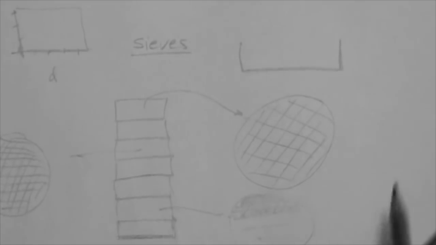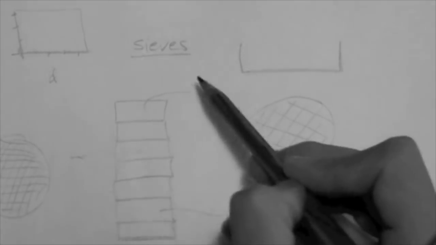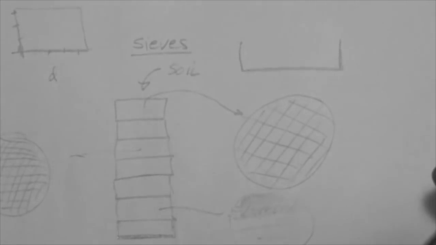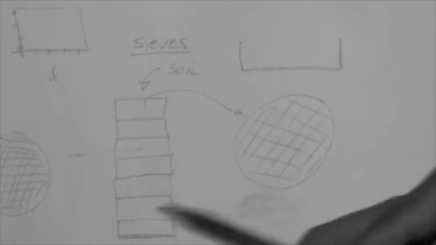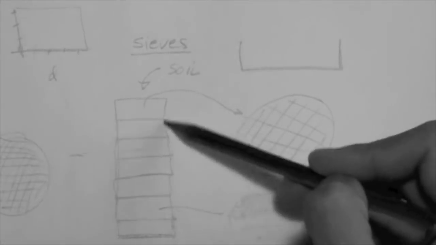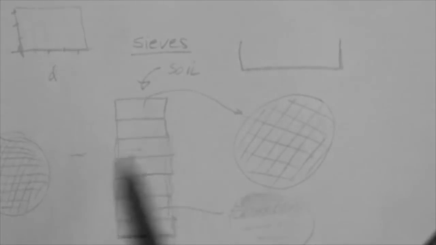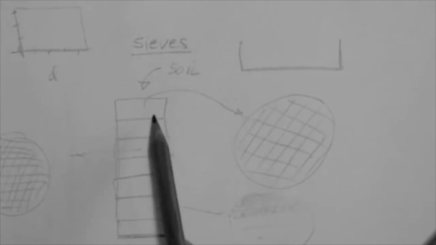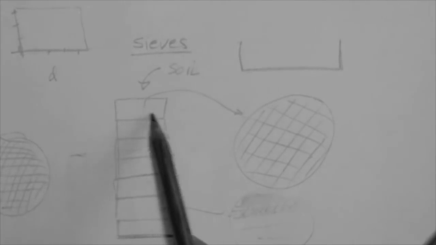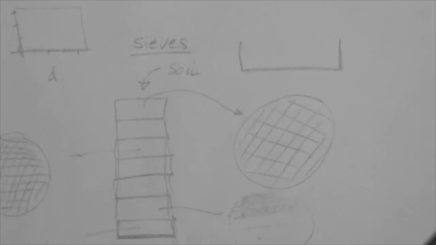So as you can imagine, we take this stack and put the soil in here, dry soil, the soil that is taken to the lab for us to analyze and categorize and classify. We place it in here, and then we shake with a shaker. We actually have a shaking machine that shakes the sieves as a group, and so the particles are separated given their size. This is a pan. That is, the bottom is just a flat sheet of metal. Particles cannot go through this.